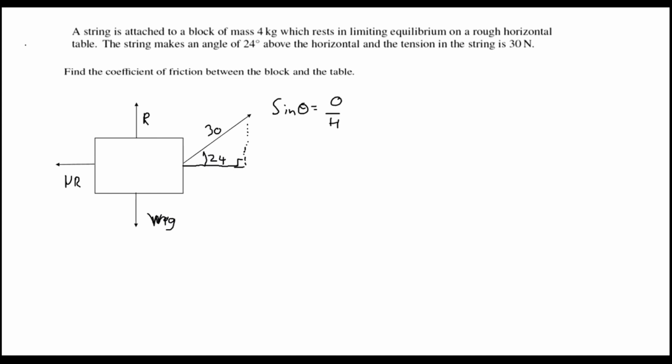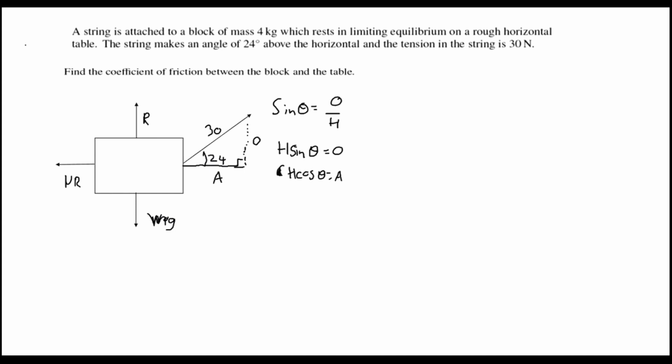Now, if I want to rearrange for opposite, so we've got O and A here, I will simply do H sine theta equals O. And similarly for cosine theta, H cosine theta is equal to A. In this case, we actually know two things.